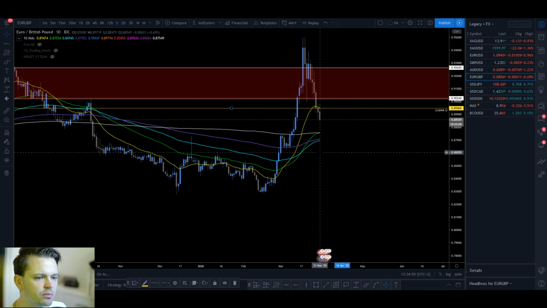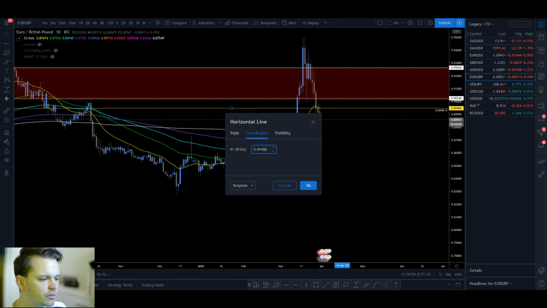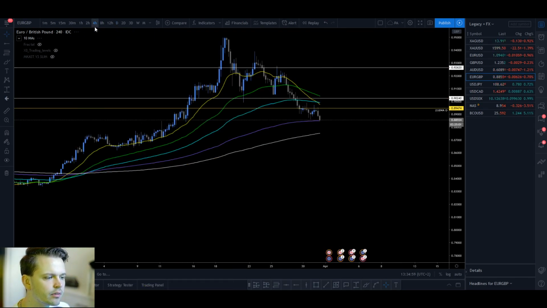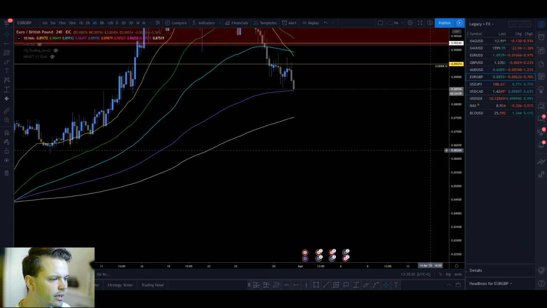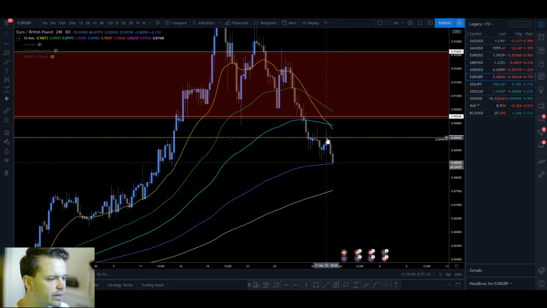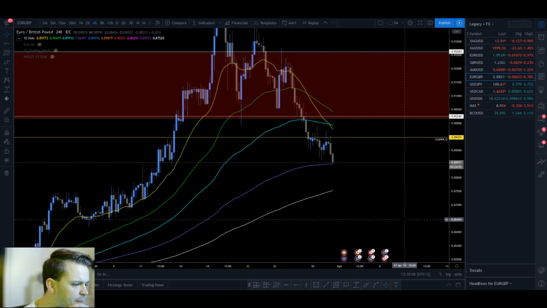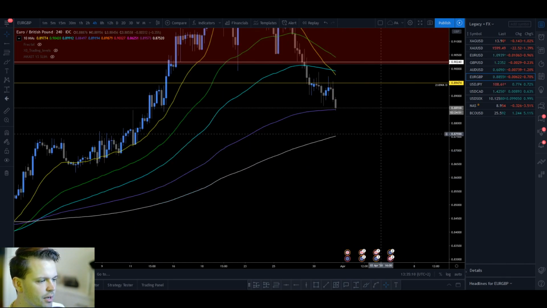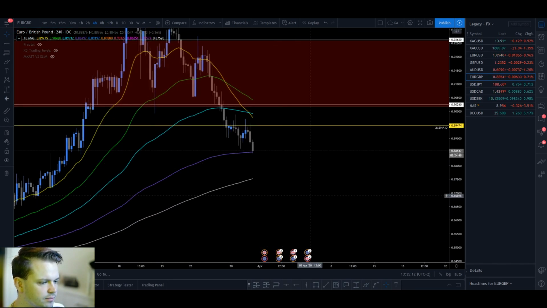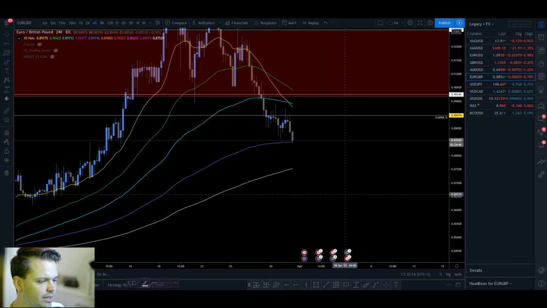Where's that one? On the 4 hour, we got a pretty nice retest of that area. So I'm not really sure what I'm thinking about this one, because if we reclaim the 21 EMA on a daily, shorting this area might not be a good idea.